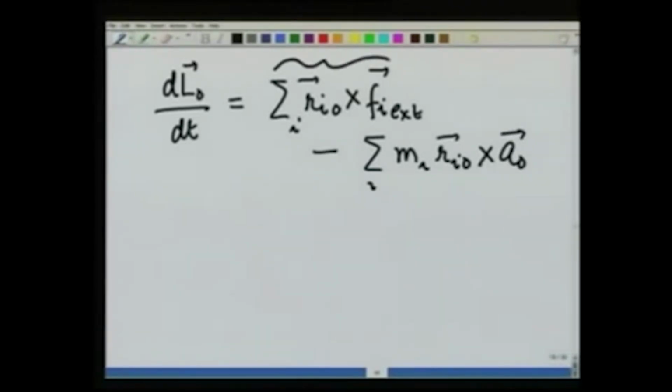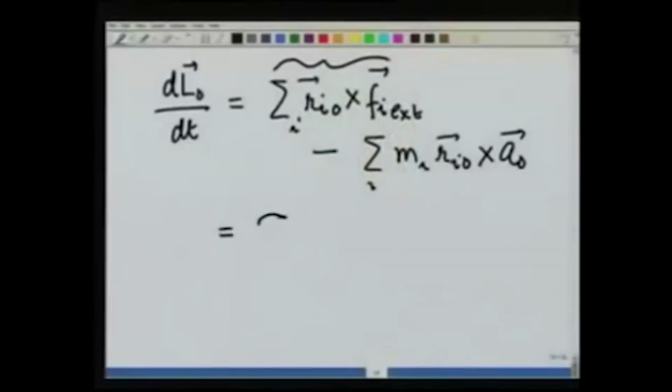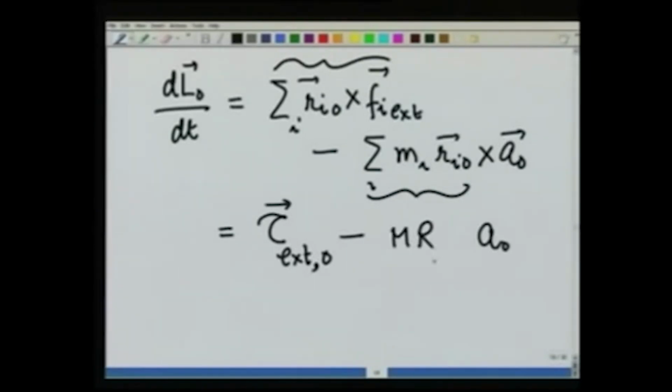This by definition is the external torque with respect to point O, no matter what the point O is doing. So, this is tau external with respect to point O minus a_O, which is a constant as far as summation over i is concerned, and this is nothing but m times r of Cm with respect to O.